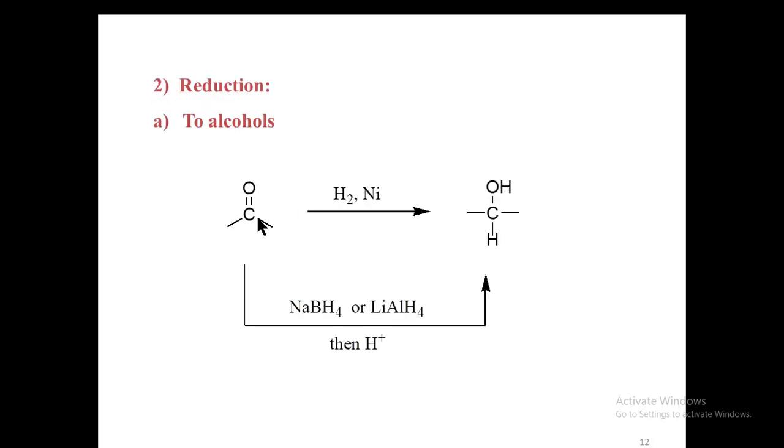This is hydrogenation in the presence of nickel, or lithium aluminum hydride is used, or sodium borohydride is used for the reduction. These are the conditions required for the reduction of carbonyl into the respective alcohol. In case of this catalyst, no acidic condition is required. In this catalyst, acidic condition is required.